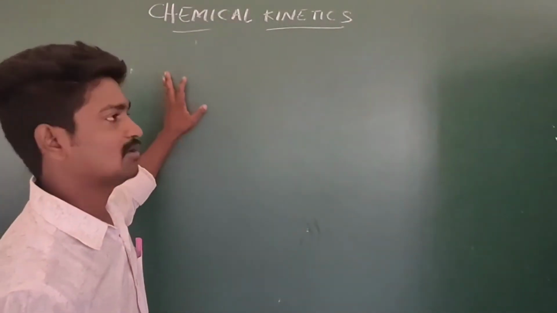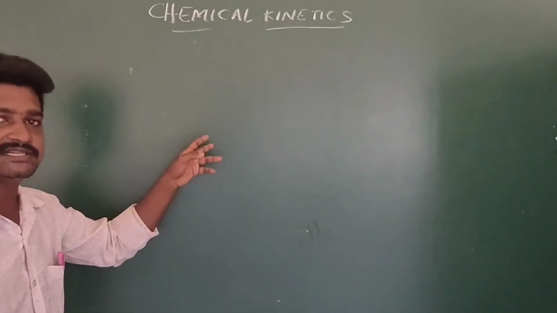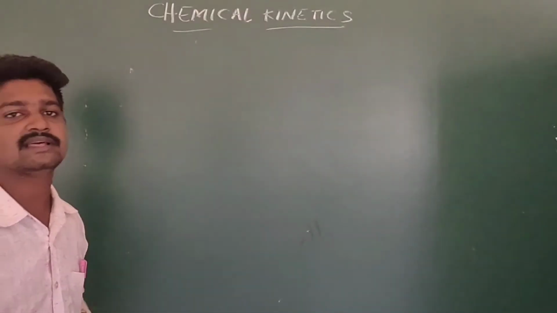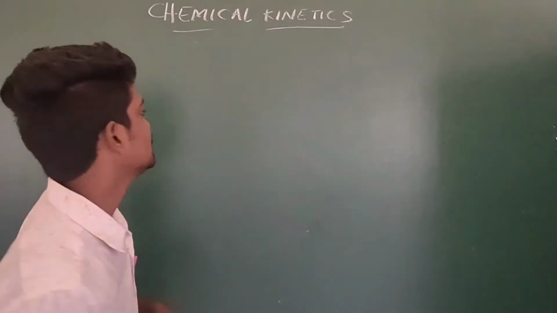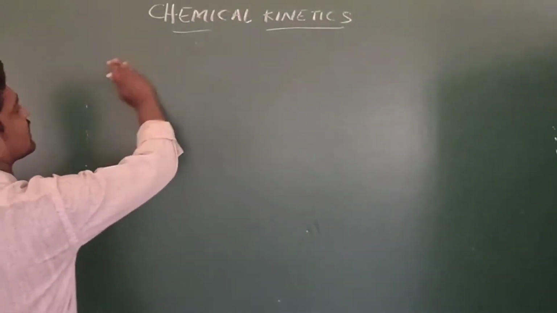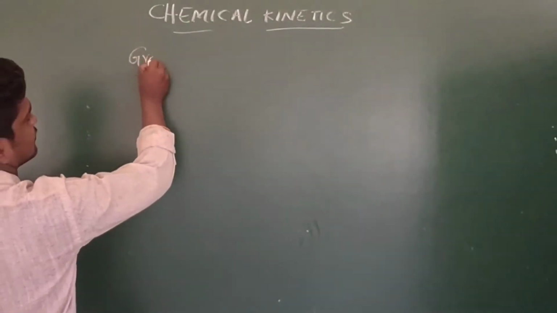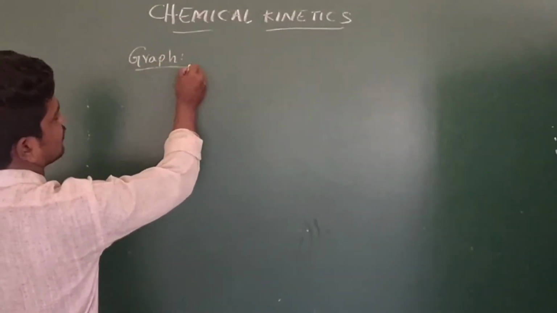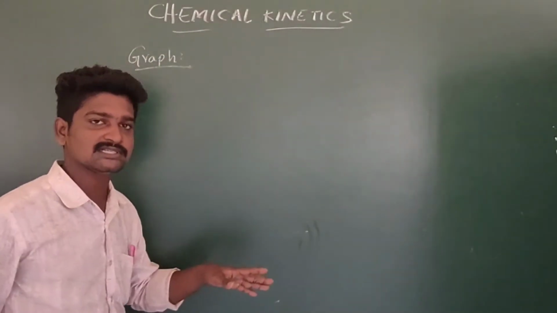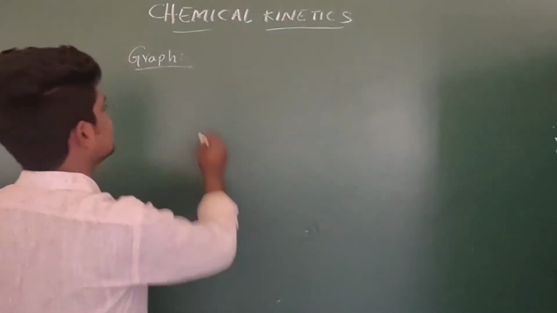So we have learned the rate of reaction and its mathematical expressions. Now let us provide a graph with respect to products and reactants.